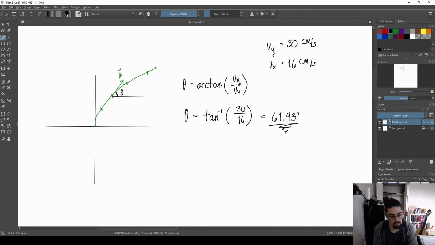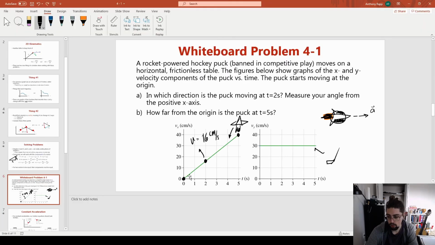How do we feel? Do we agree? Do we disagree? 16 is an exact value for this one. You could get away with getting something very close if you just looked at it and tried to guess. But 16 is exact in this one because I have a linear slope.